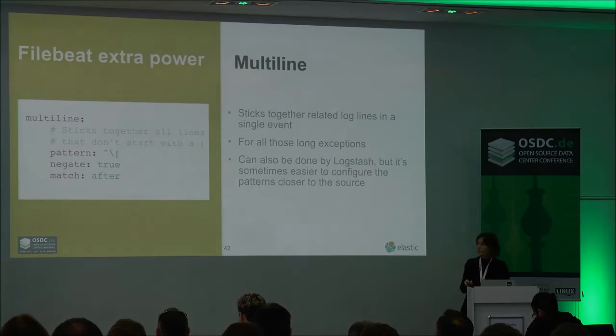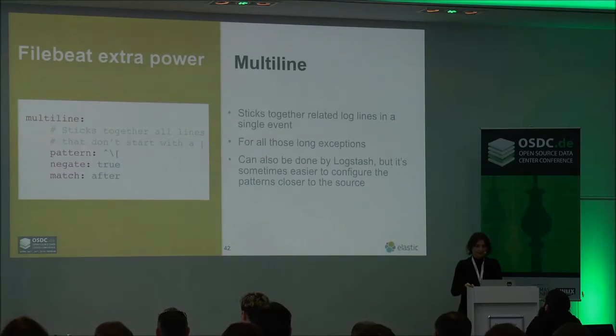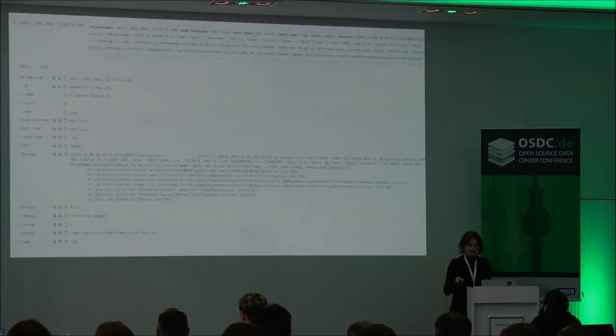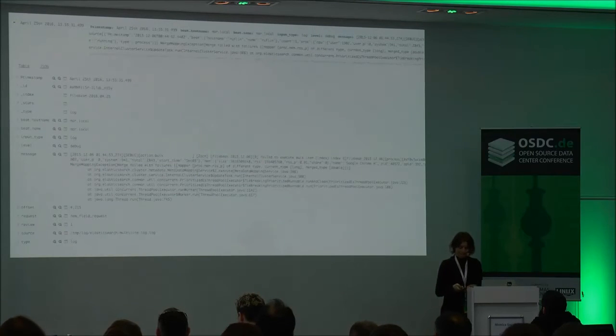Here you can define the regular expression under the pattern. And here is an example of a multi-line. If multi-line is configured, then the log line will include the whole Java exception.